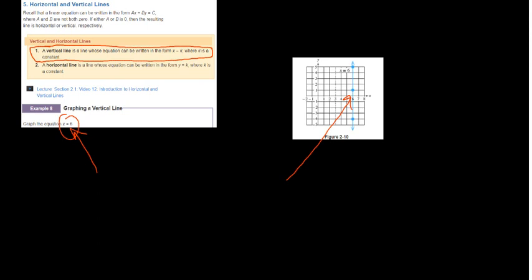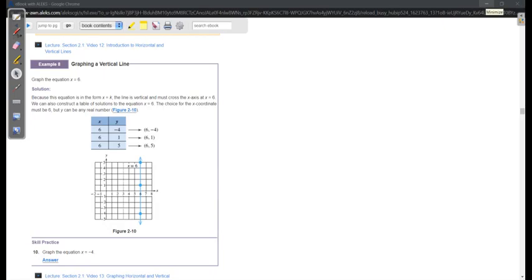And I'm pretty sure we're going to have a horizontal line. I'm going to go ahead and put the horizontal line here as well on this particular page, just so we can bunch them all together.